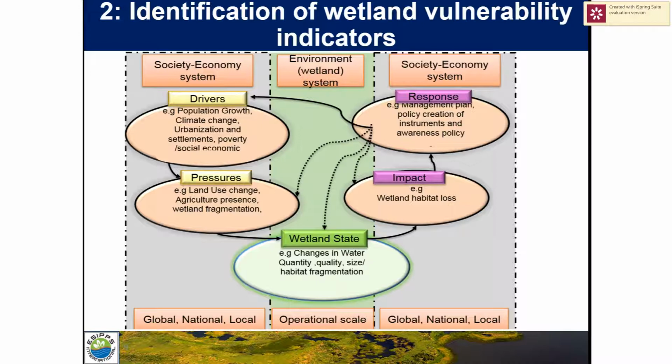So you must consider the level or the scale of analysis that you're going to perform. As you can see, all these datasets can be at the spatial scale of the global level, national, as well as the local scale.